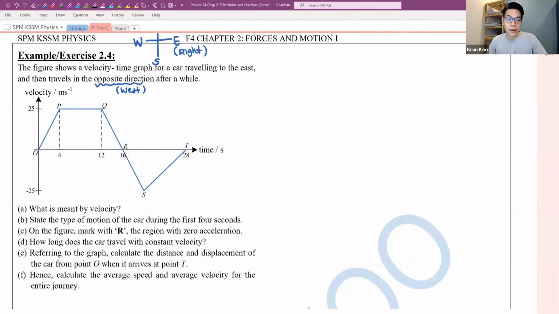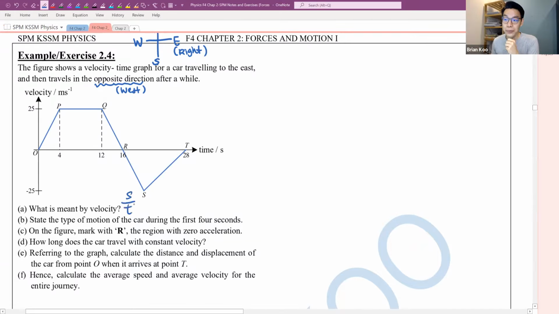So a lot of students will get very frightened when they see this kind of definition question. But I want you to just know that you don't have to say word by word. Okay, that's not what you are aiming for. Try to think back and put out all the important points. Okay, velocity. Think of the formula. We have displacement over time.